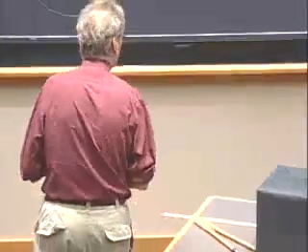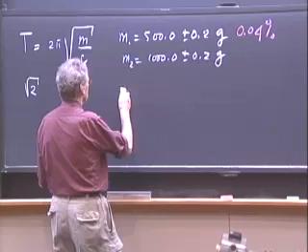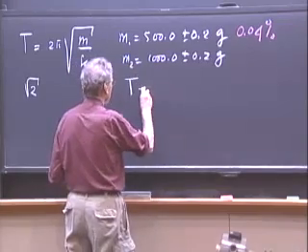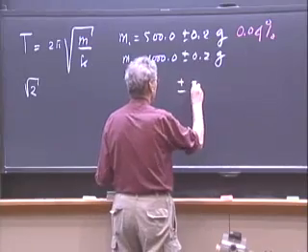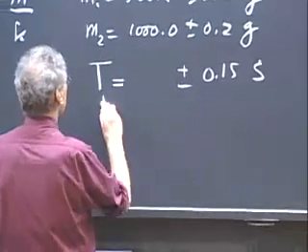Now, on a bad day, 2/10 of a second. I don't know whether today is a good day or whether it's a bad day. But let's say it's in between. So let's say I can do it to 0.15 seconds, which I cannot guarantee you, but I'll try. So I can measure the period to plus or minus 0.15 seconds. This is with M1.